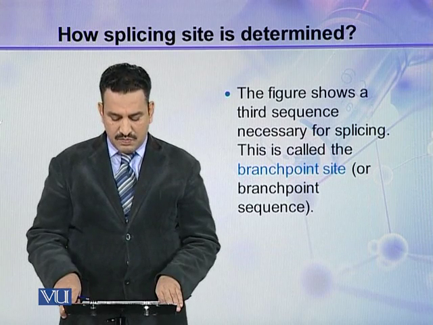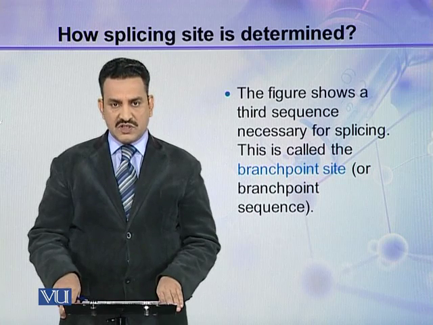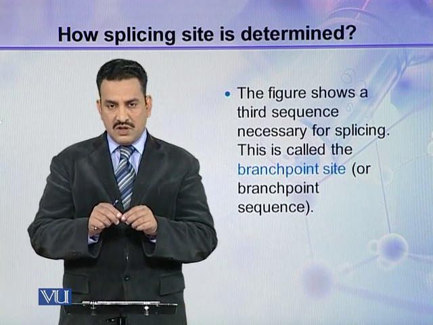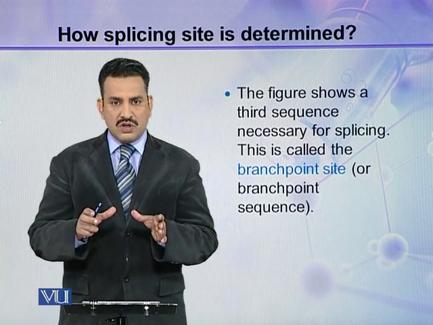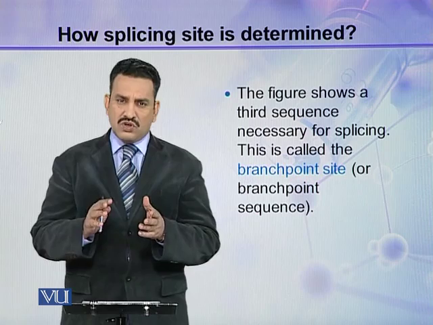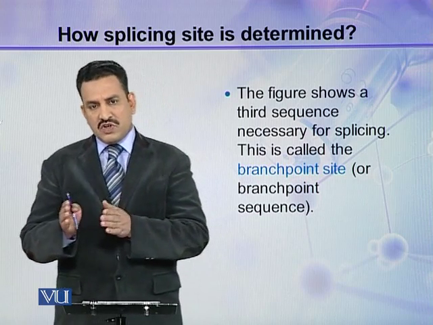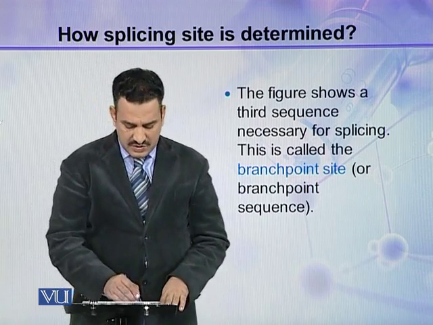This is called branch point site or branch point sequence, and this is present in the center of the intron. It is not exactly in the center, but it is towards the 3' site.